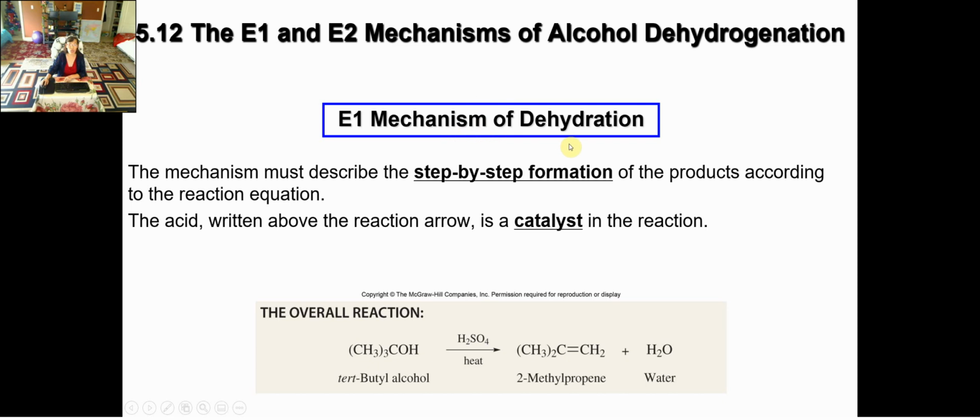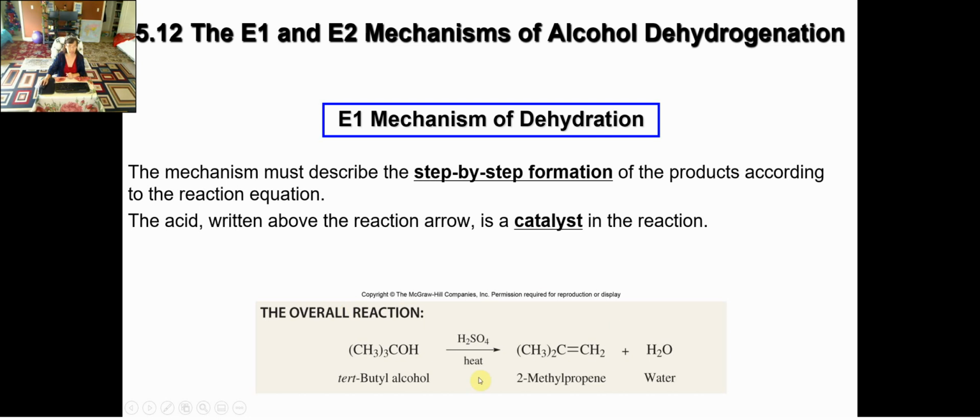The dehydration reaction, including the other ones, may follow 2 different mechanisms. One is called E1, another mechanism is called E2. The mechanism again is a process for us to describe the step-by-step formation of a product based on the chemical reaction.